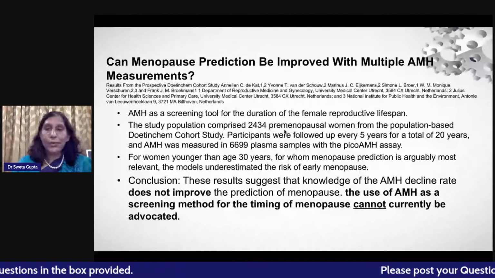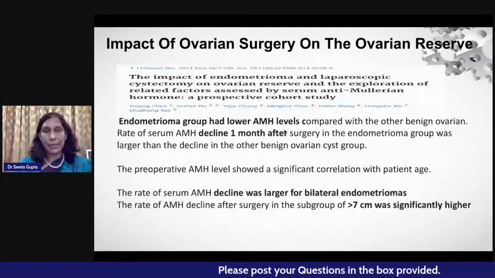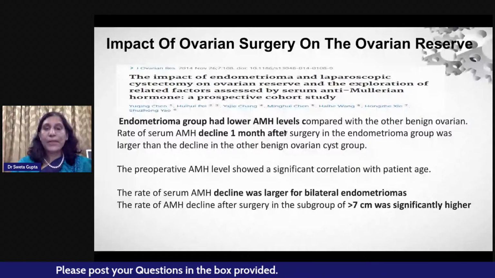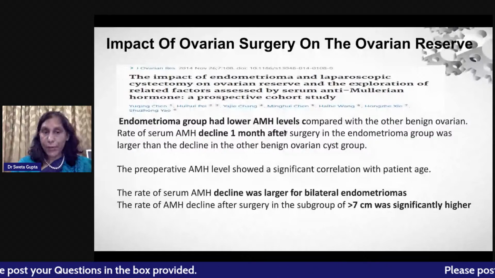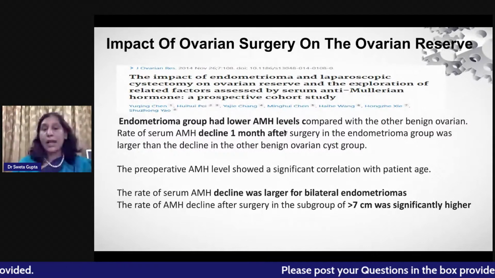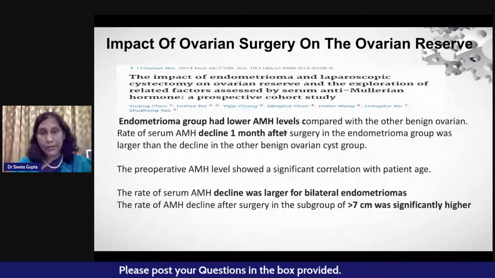Ovarian surgery, we all know, reduces the ovarian reserve, which we can assess by AMH. This is a beautiful paper by Chen et al., where they looked into the endometrioma group and found that they actually have lower AMH levels, much lower compared with other benign ovarian cysts.